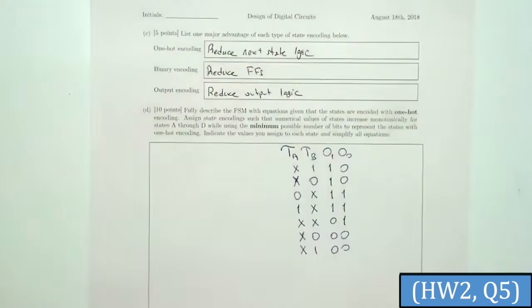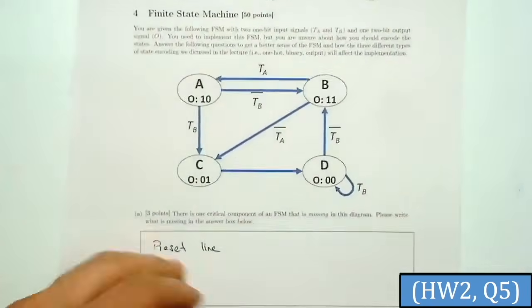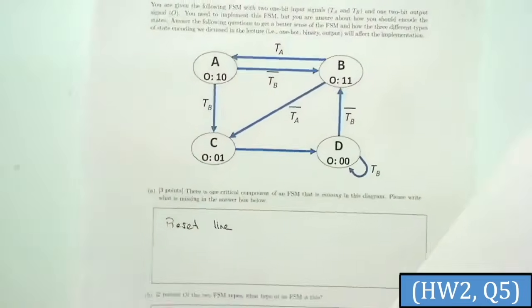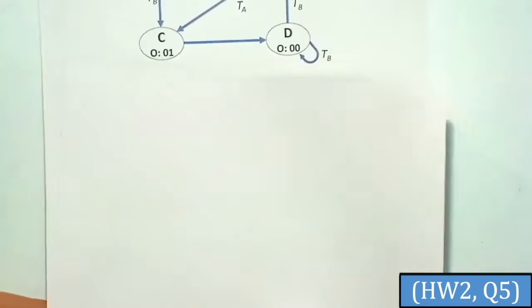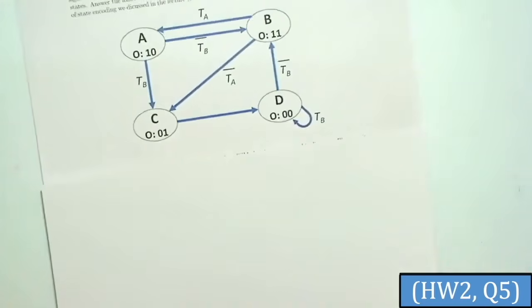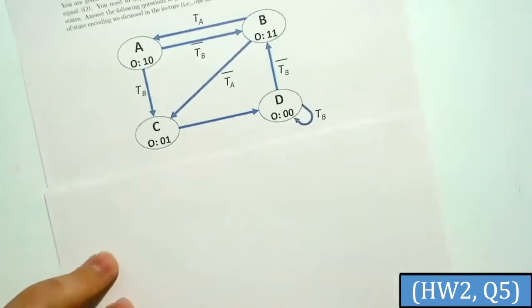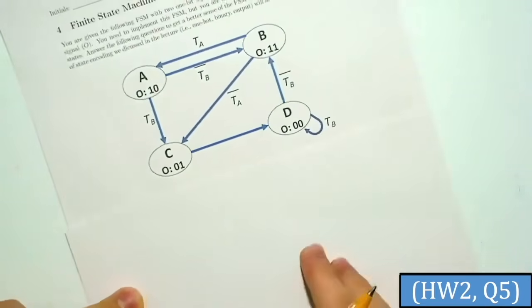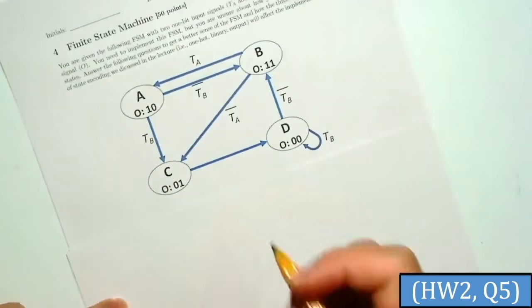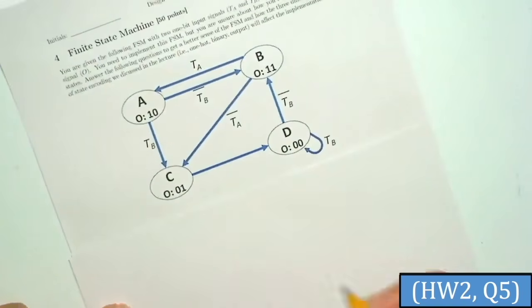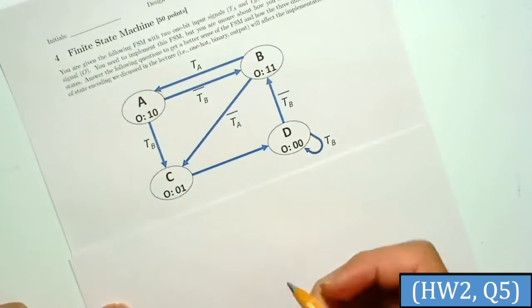So what I'm going to do now is write a truth table, a higher level truth table, because I'm not going to represent the states with bits, and this will be my reference for the next three questions.